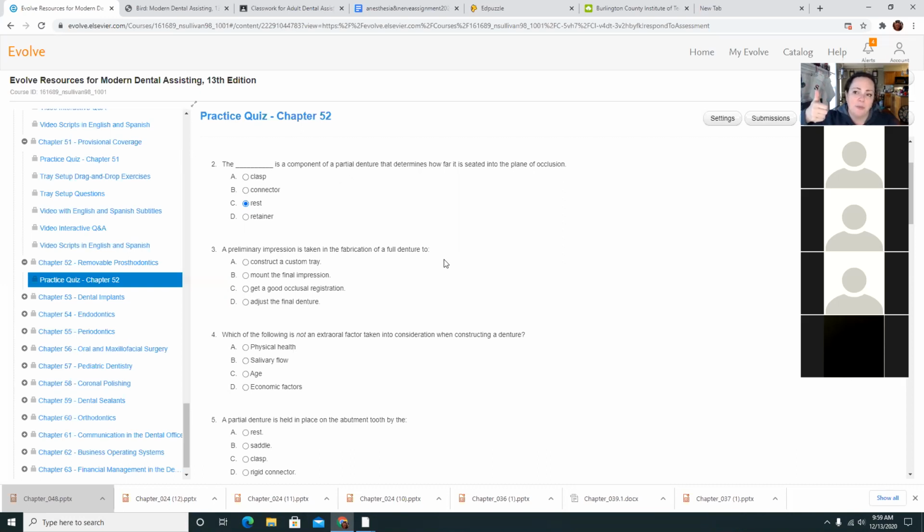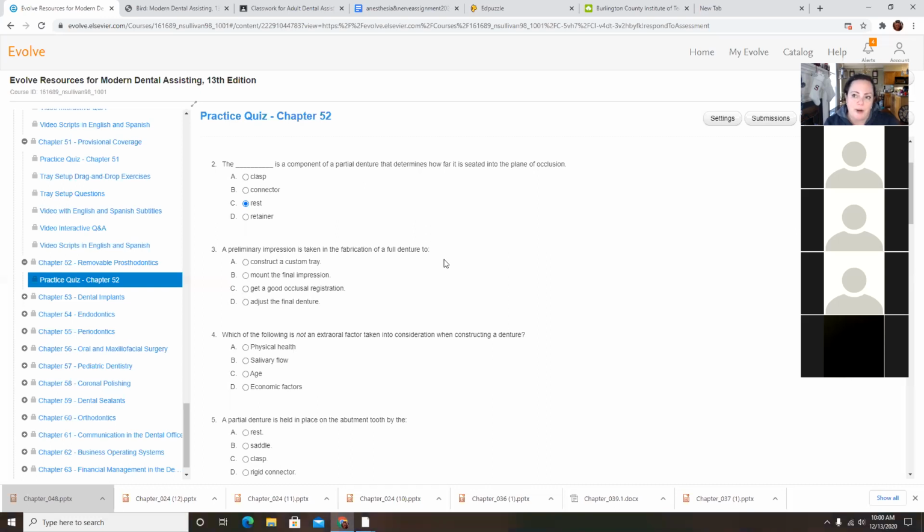When we take the initial impression, what kind of tray are we using? A regular stock tray, right? Like one that you take out of the cabinet. Everybody's seen these trays, right? Even in ortho, you use stock trays. They're plastic, they're metal, but they're regular trays. They're not form fitted to the person. They can fit anybody, right? As long as you get the correct size. Those are called stock trays, okay?